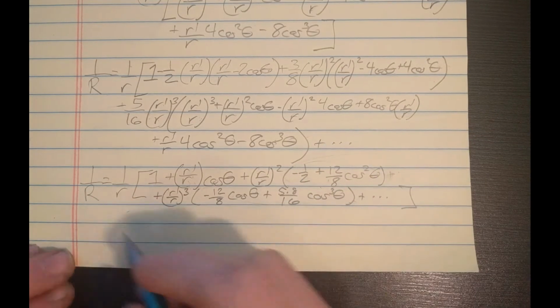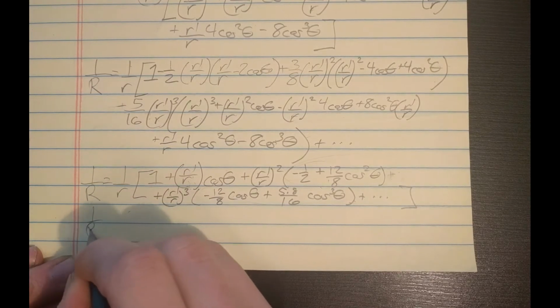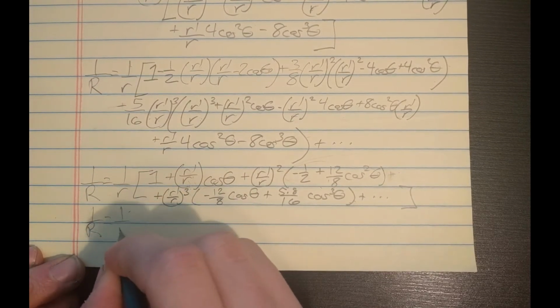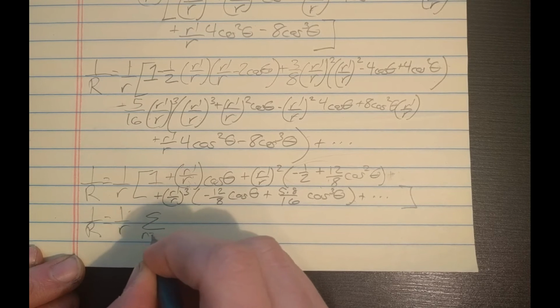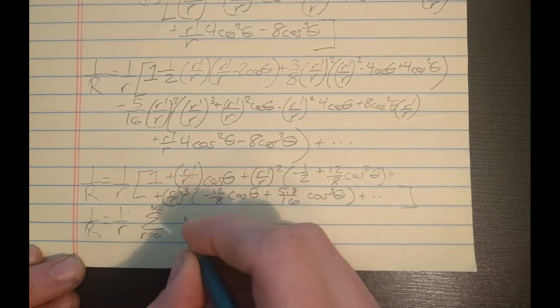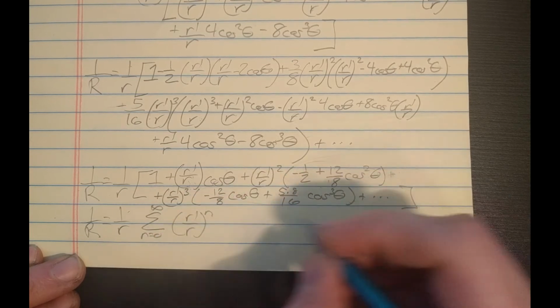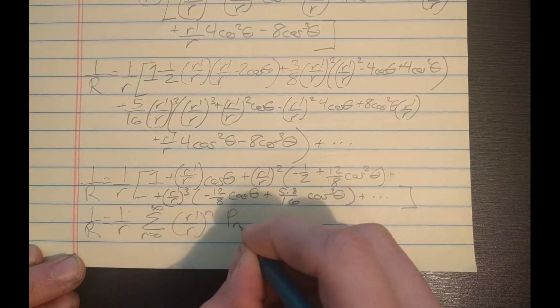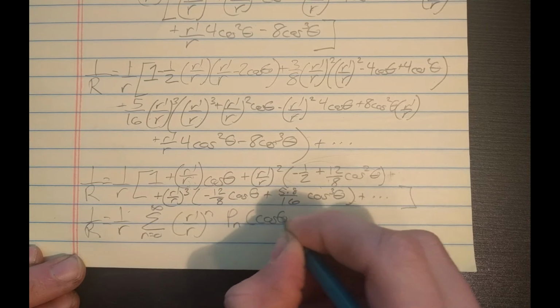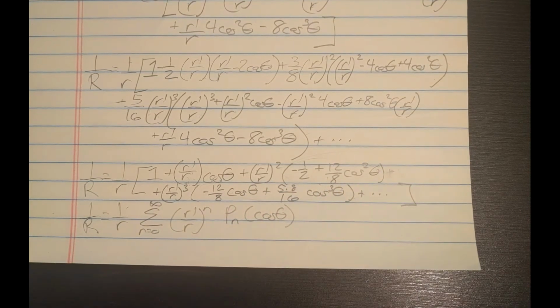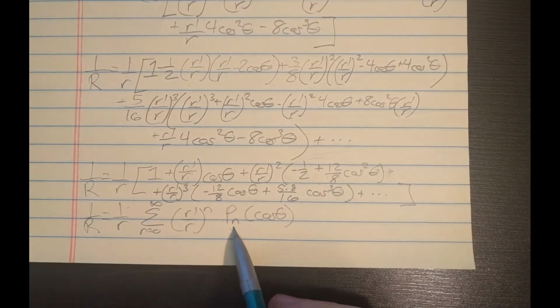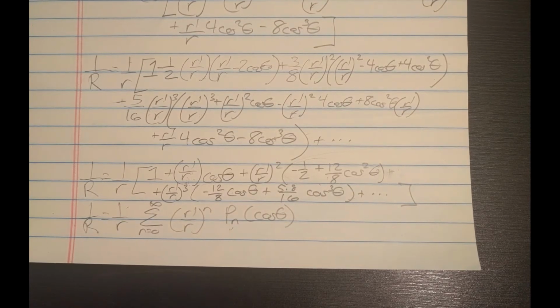So, in other words, we can rewrite this 1 over big R as 1 over R times the sum from n equals 0 to infinity of r prime over r to the n times P sub n of cosine theta, where the P sub n is the nth Legendre polynomial. Let's write that.